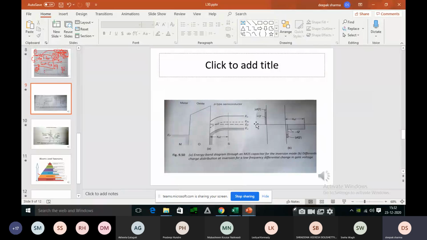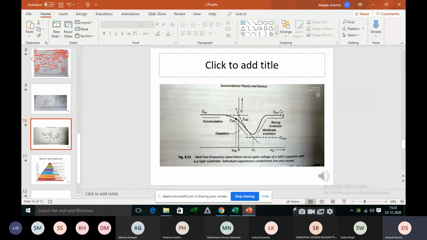So as the potential at the gate changes, there will be a corresponding change in the charge level on the other side, correct? And what this diagram is telling, the steps. The first step is accumulation, correct? The very first thing which we had seen, negative potential.